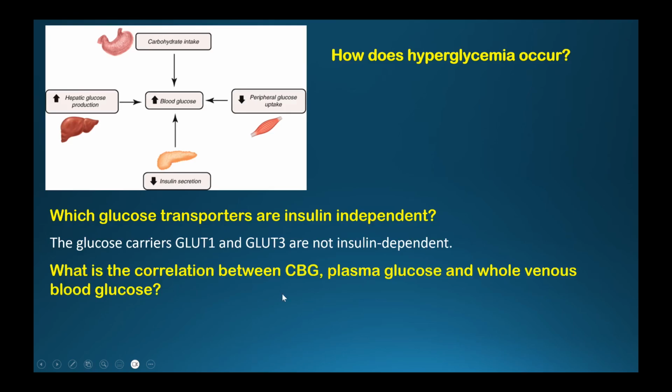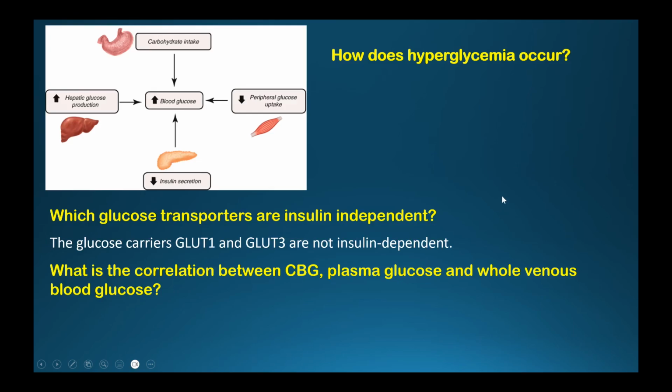And what is the correlation between capillary blood glucose, plasma glucose, and whole venous blood glucose? It's a very important practical point, because nowadays we are checking the CBG in the ICU, in critical care, in emergency situations as a point of care bedside blood test.